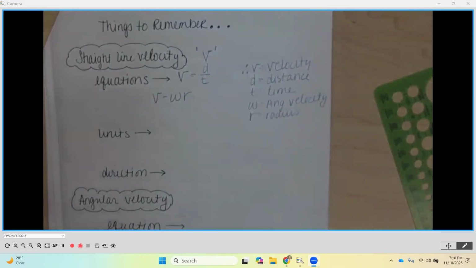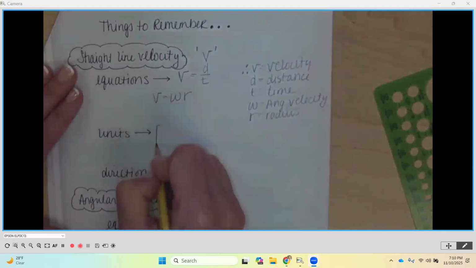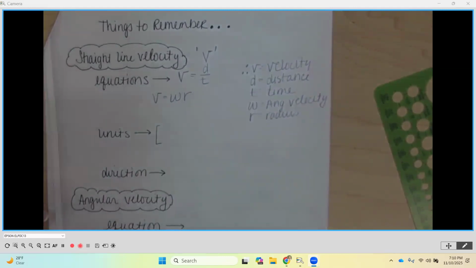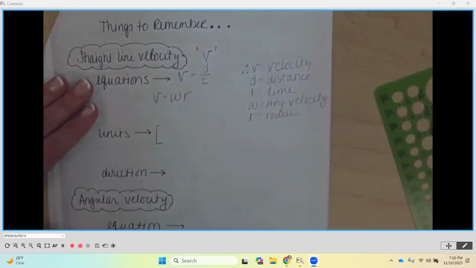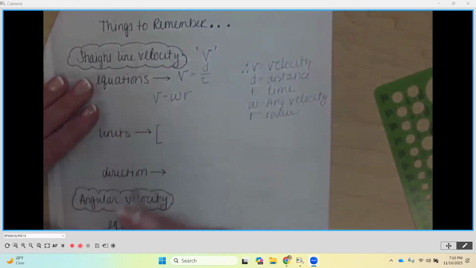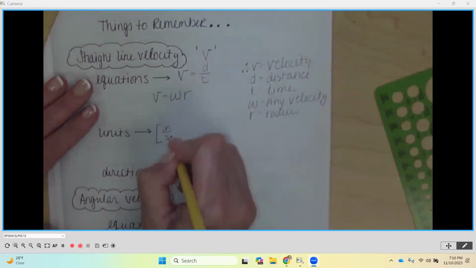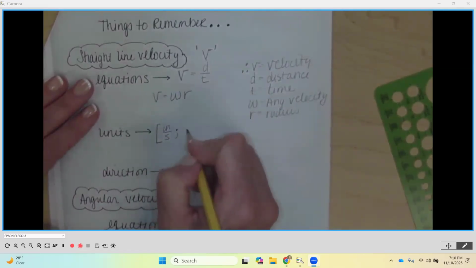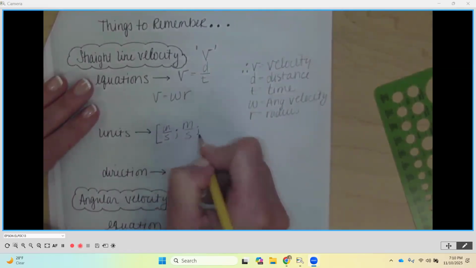Now, units for straight line velocity, what are the units we're expecting? I'm going to put the units in brackets. Tell me a set of units that we would want for velocity. So distance divided by time. So what distance divided by what time? Inches per second. What else? Meters per second. What else?